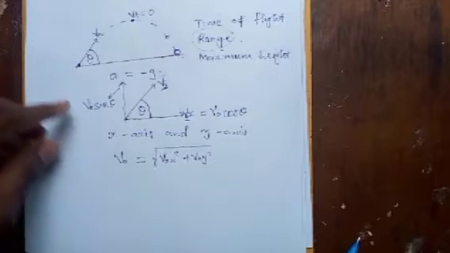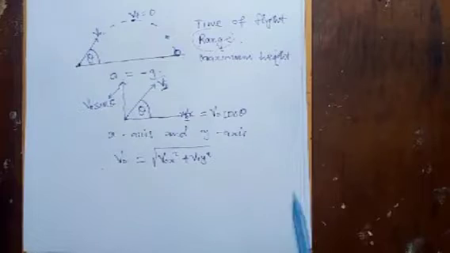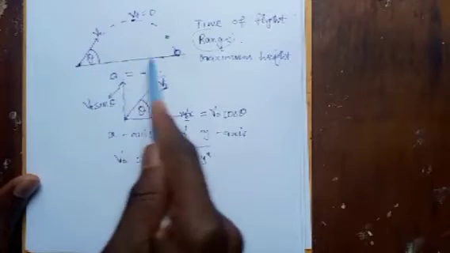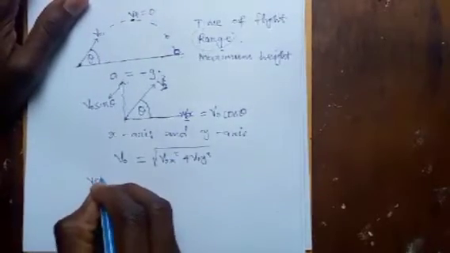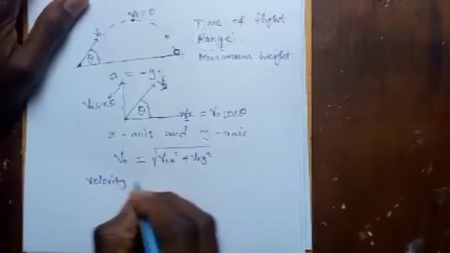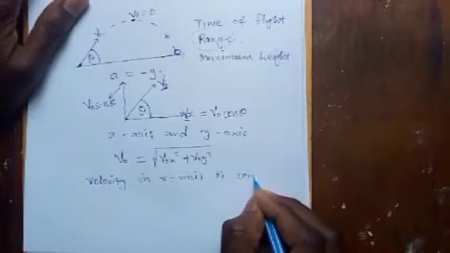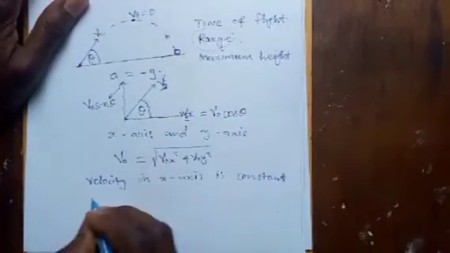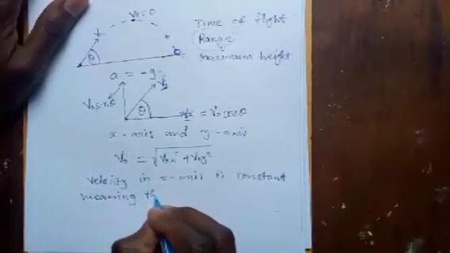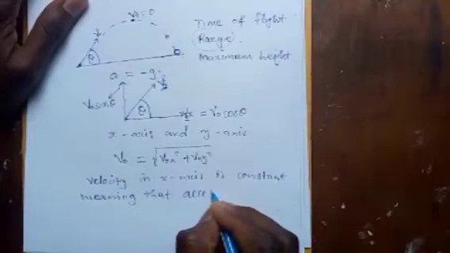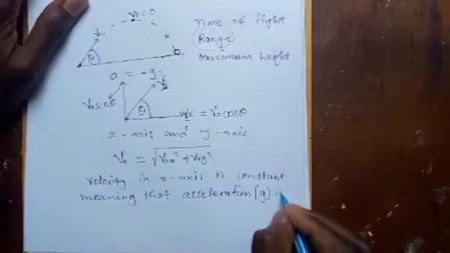So if you are able to understand how you are supposed to be resolving the vector, or rather the projectile having the initial vector given, what you should understand now is in x-axis we are saying the velocity in x-axis is constant, meaning that acceleration, in this case we mean g, is 0.